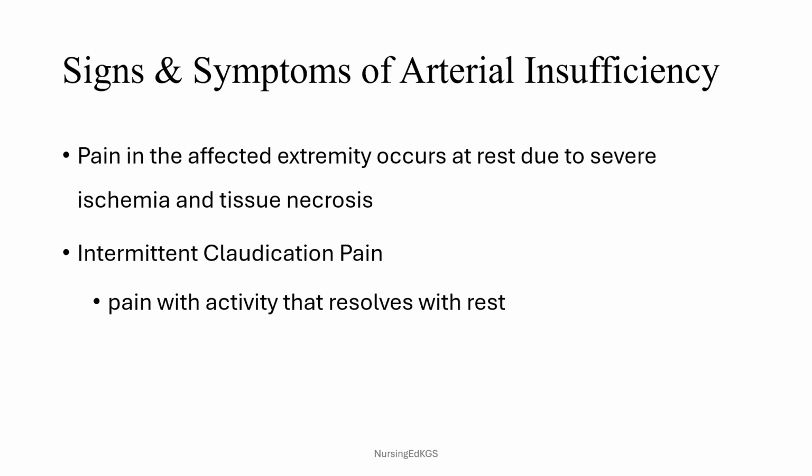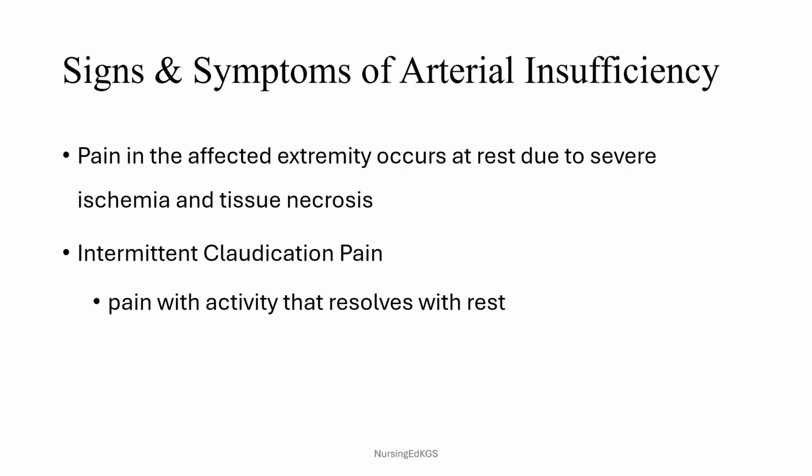Patients may also report pain with activity that resolves with rest. This is what is called intermittent claudication, and it happens during physical activity such as walking, dancing, exercising. During activity, muscles require more oxygen to function. In arterial insufficiency, the narrowed or blocked arteries cannot deliver enough oxygen-rich blood to meet the increased demands of the muscles.